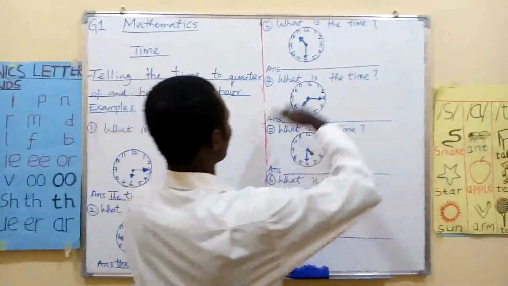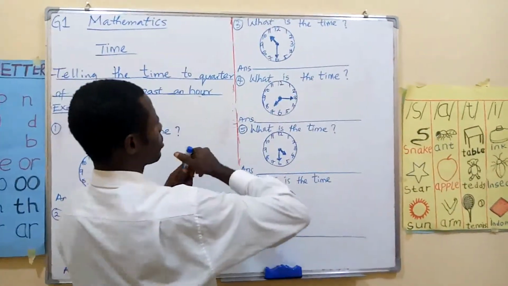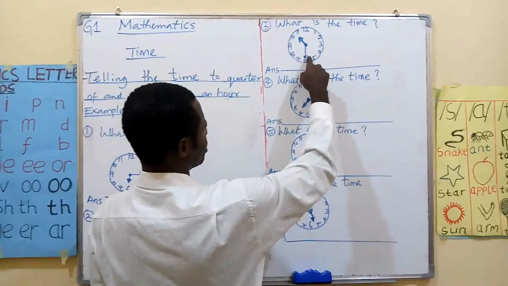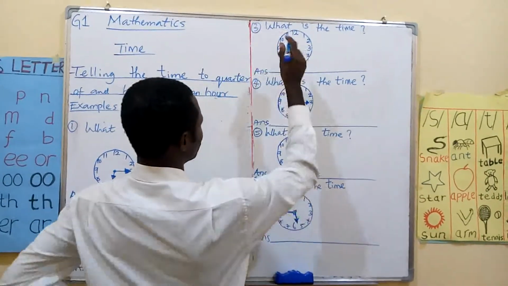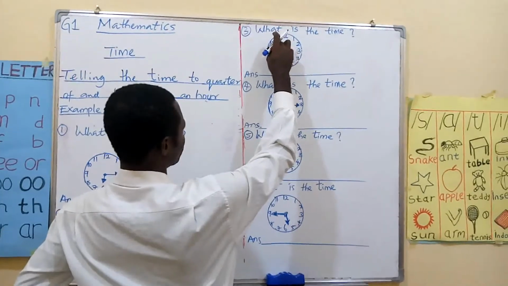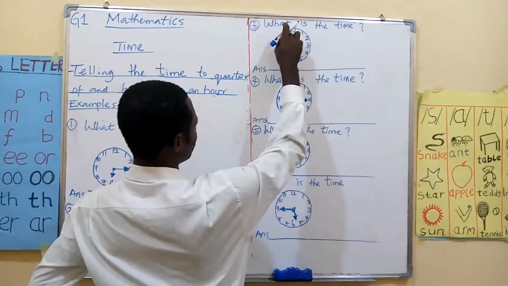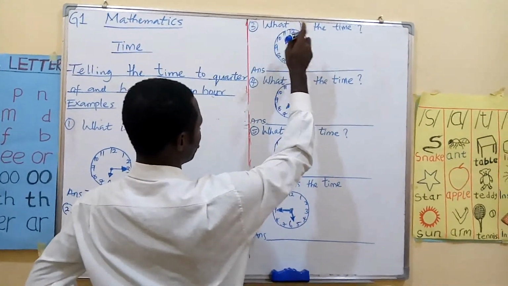Looking at this one, what is the time? This is 30 minutes past. 30 minutes past what? 10. Because the short hand is about leaving 10 to get to 12 or 11.